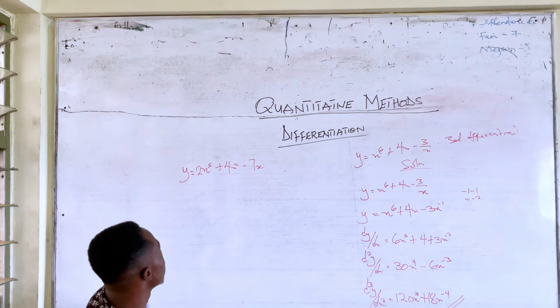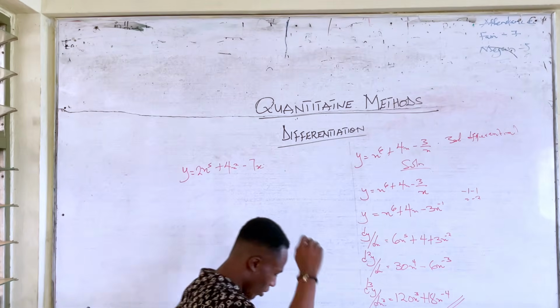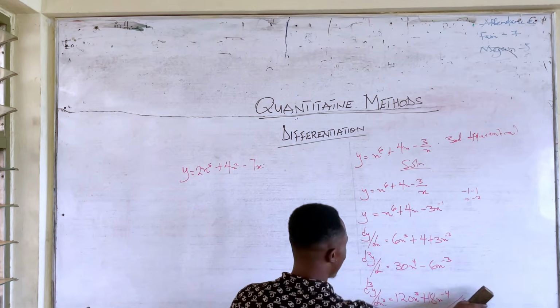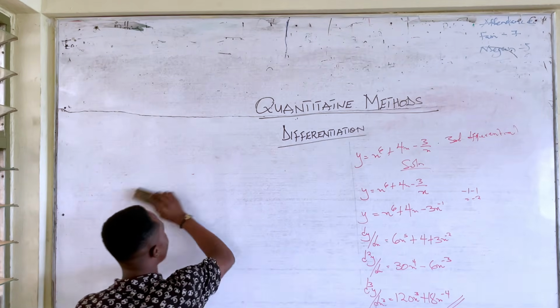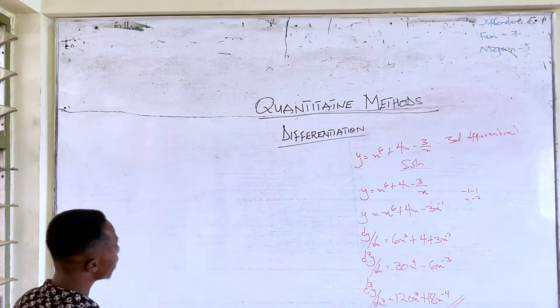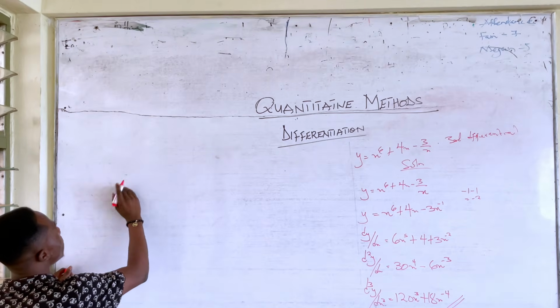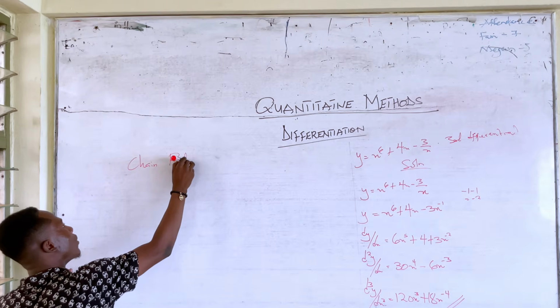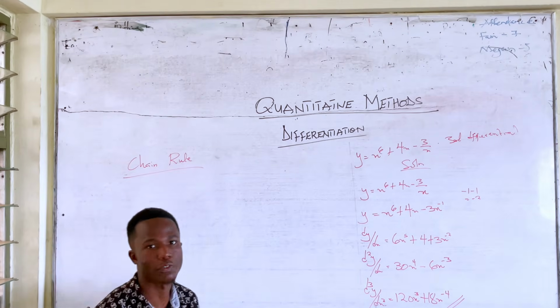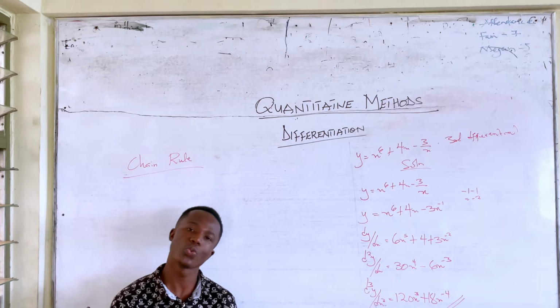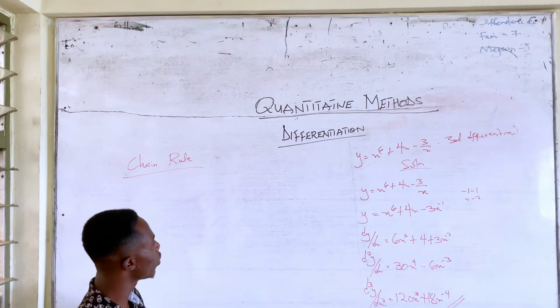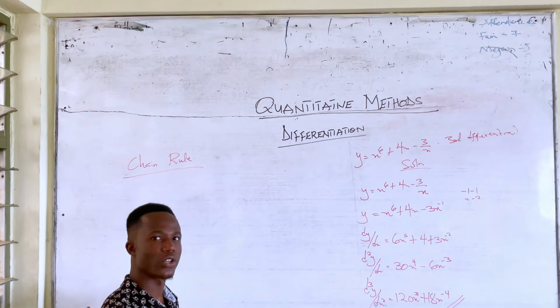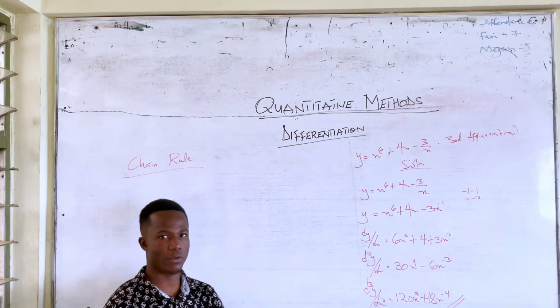Then the next rule is the chain rule. Okay, so let me clean this one. The chain rule. Chain rule also has a formula, and it also has two ways of solving it. So if you want to apply it in a theoretical form, you can go in for the formula, right?